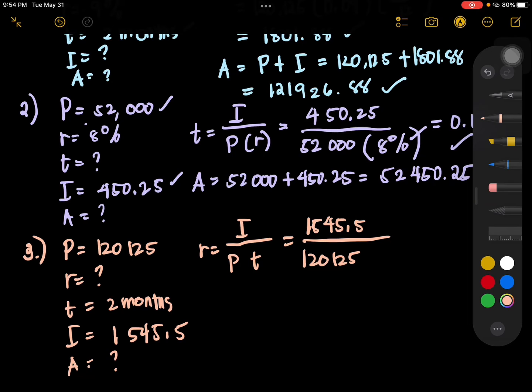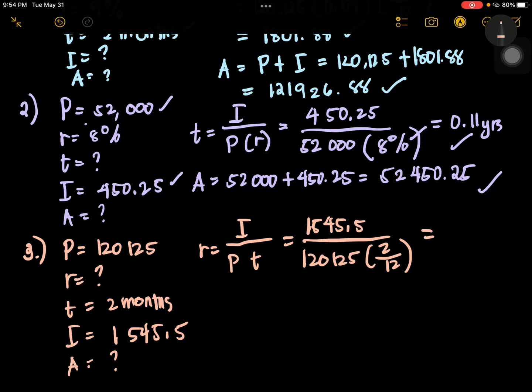For the time, it's 2 months, so do not forget, you divide that by 12. So our rate here is, okay, do not forget to multiply that by 100 because this is rate. That is 7.72%.